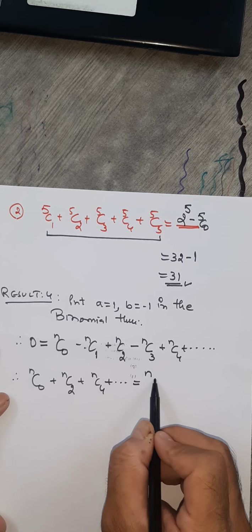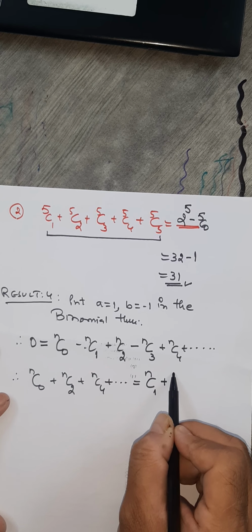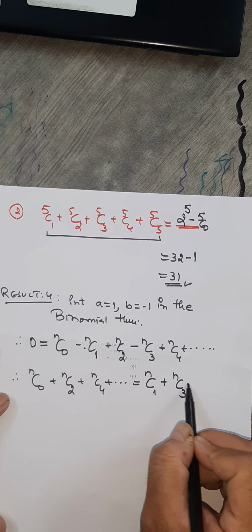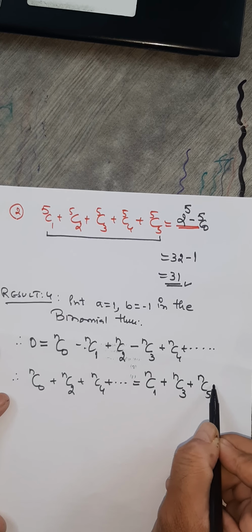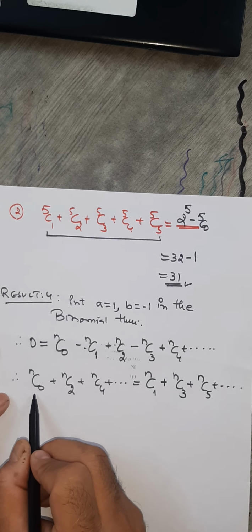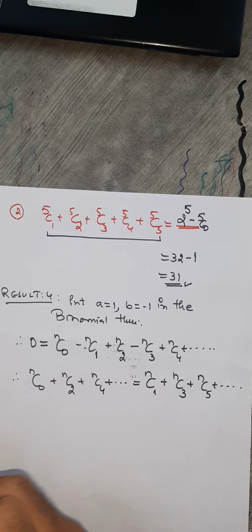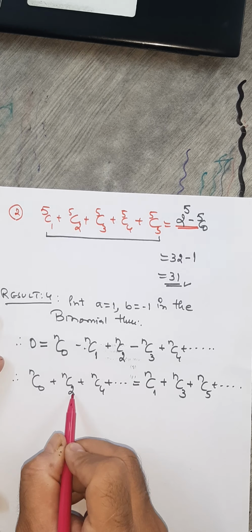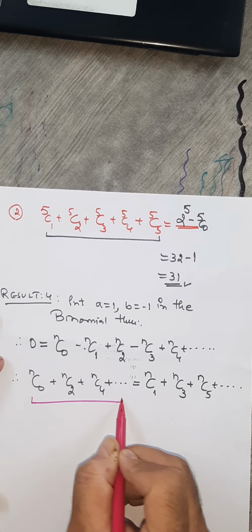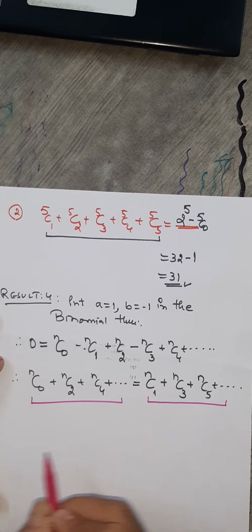That is nc1 plus nc3, odd indices, plus nc5 and so on. These two are always equal. In combination symbols, if you have even index 0, 2, 4, this summation is always equal to the odd one.